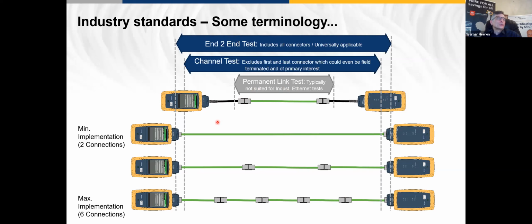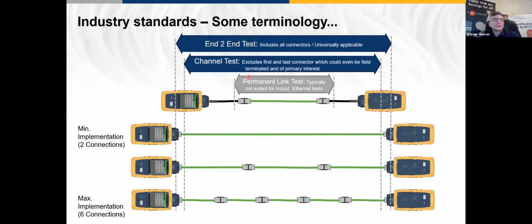At the end, when the equipment is available in enterprise environment, you can do a channel test, but per definition, the connector is not included in a channel test. Now, in an industrial environment, you need to include also your connector, your M12, your special RJ45, M12X or D, whatever. You need to include it, so you need to do an end-to-end test.